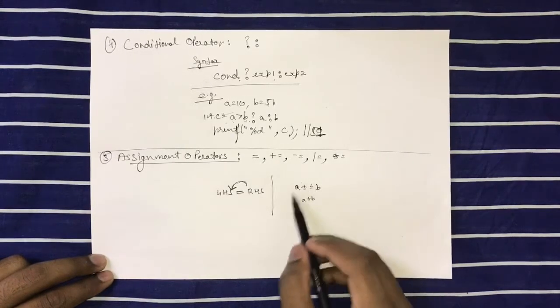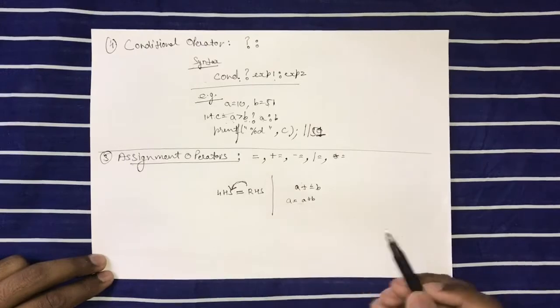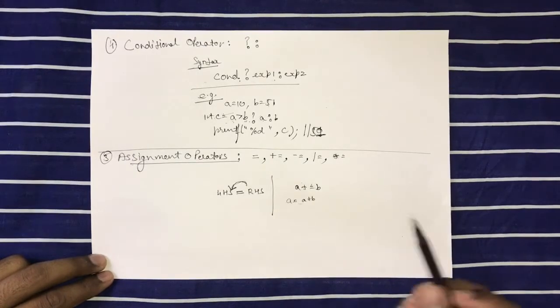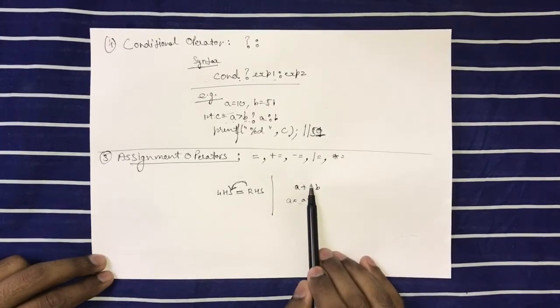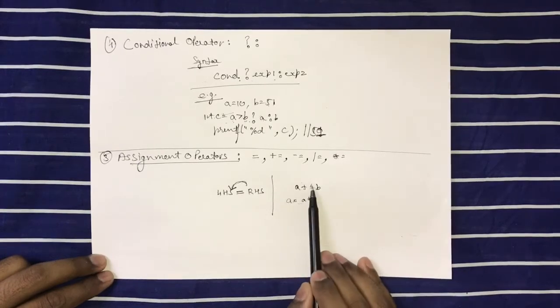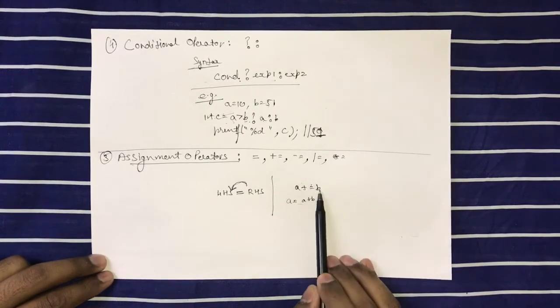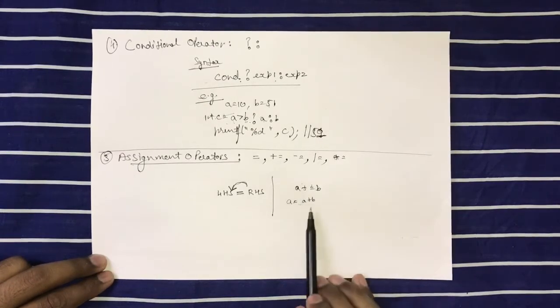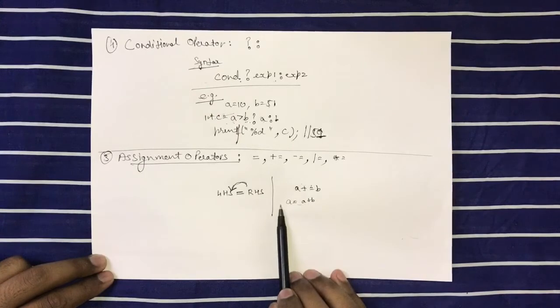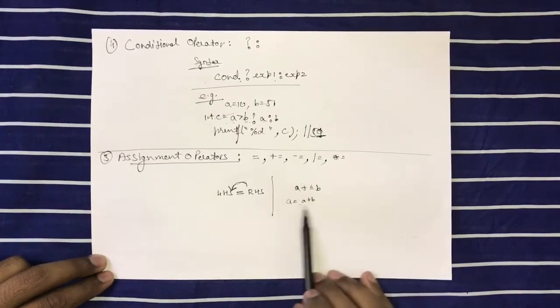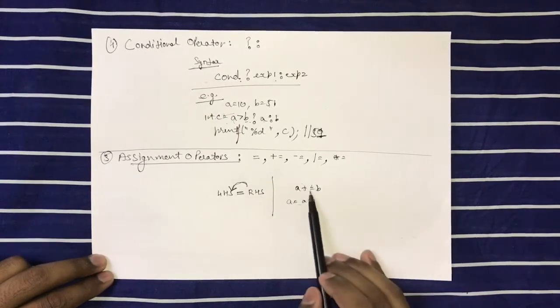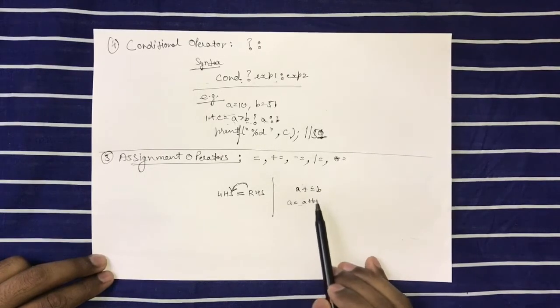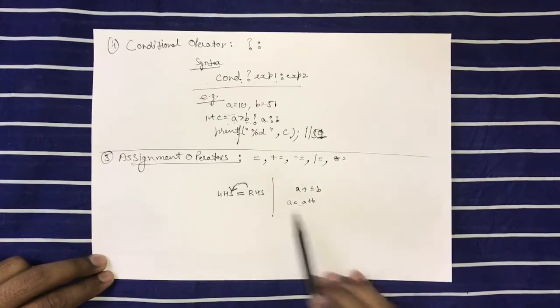So this addition would be stored inside a variable. I'll repeat it again. If first you hide the equal to operator, what do you see? a plus b. So these two variables get added. Now if I hide plus sign, now what do I see on the left hand side of the equal to variable? a variable, right? So this added sum is stored in a. This is the shortcut of this step. So we can use plus equals if we want to do this step.